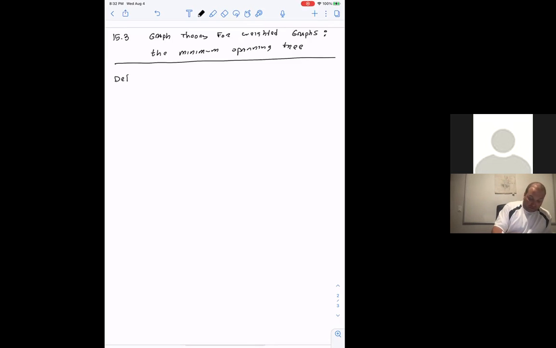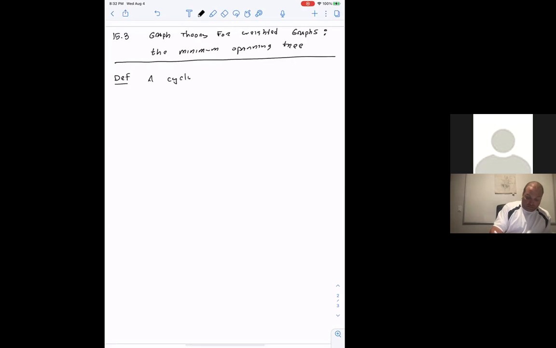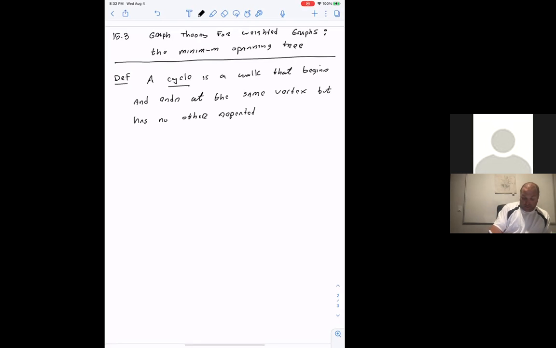So first definition, a cycle is a walk that begins and ends at the same vertex. The book includes but has no other repeated vertices, and that's not really true, but has no other repeated vertices.